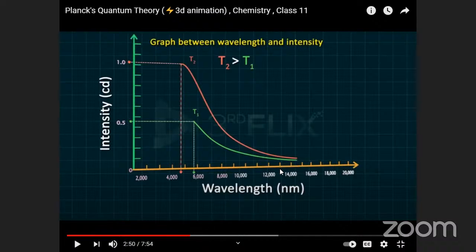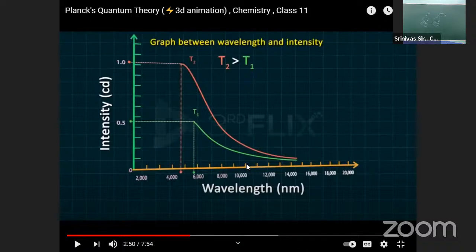And if you further reduce the wavelength, suppose you come to this point, let it be 10,000 nanometers. The same light at temperature T1 shows this intensity, maybe around 0.2. Whereas under the same wavelength on the red curve, the intensity is showing a bit more, around 0.3 or 0.4 approximately.